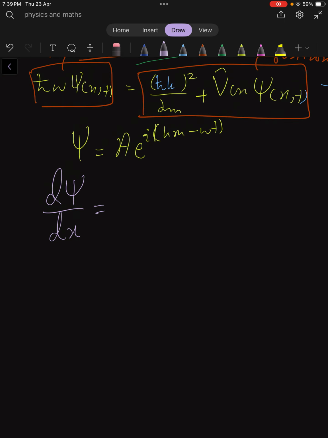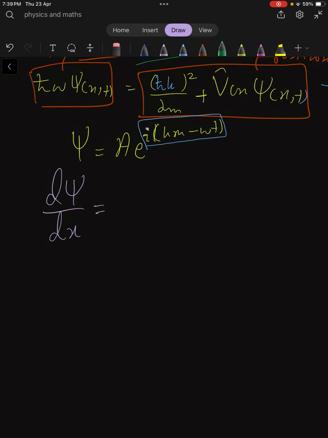d psi by dx: we know the derivative of e to the power x is e to the power x, and the derivative of the power multiplied by the same function again.